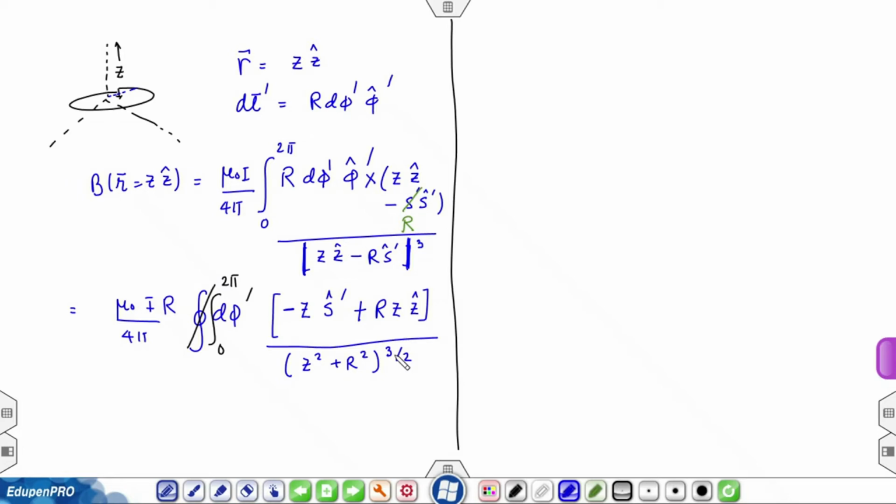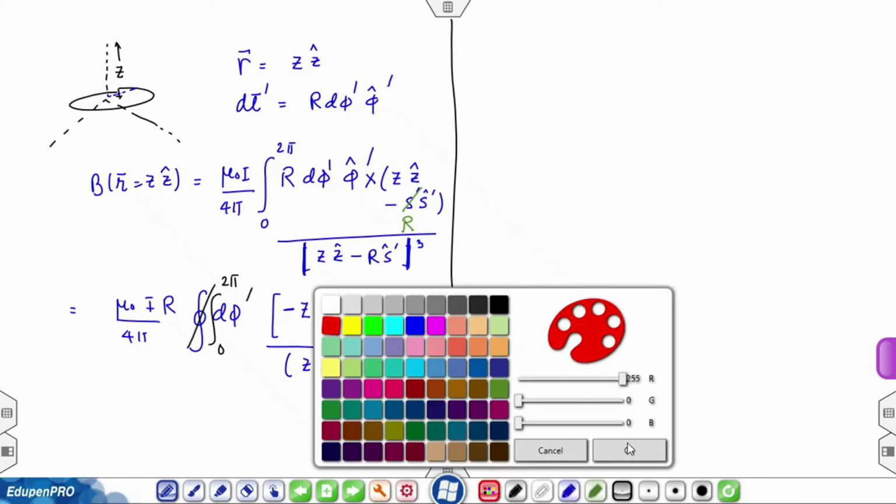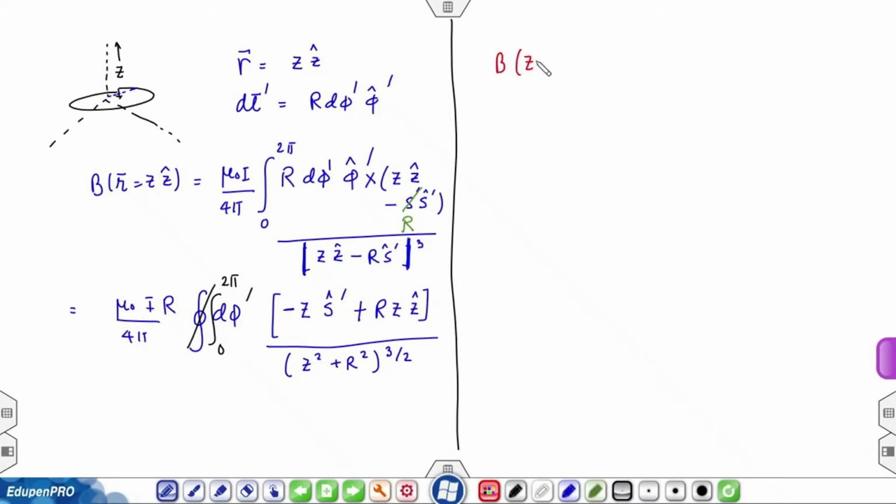So, let us write this neatly. When you write this neatly, you get B at z is equal to mu naught I r over 4 pi integration 0 to 2 pi d phi prime minus z s prime plus r. There is something wrong, I am getting 2 r. I had already taken care of. Had I? Let us see. So, I get z s prime, and here I get, yeah.